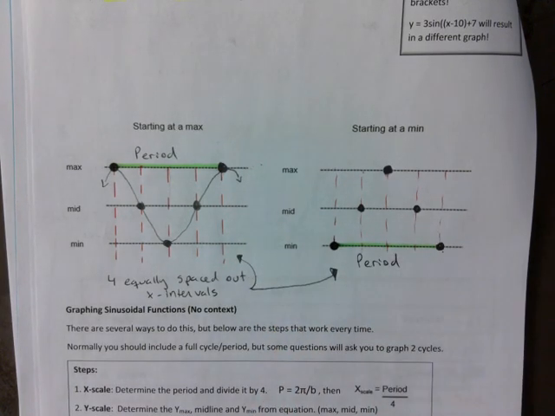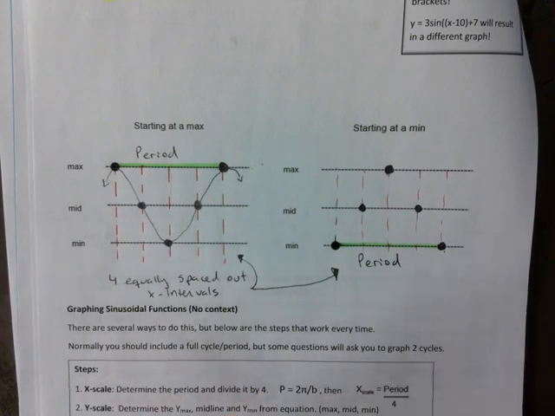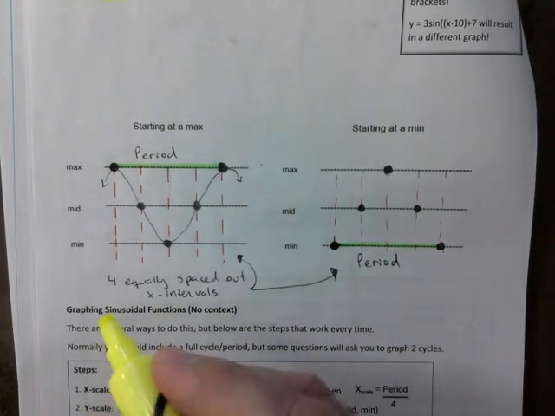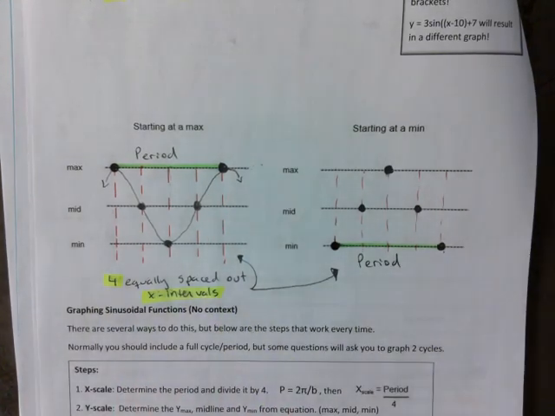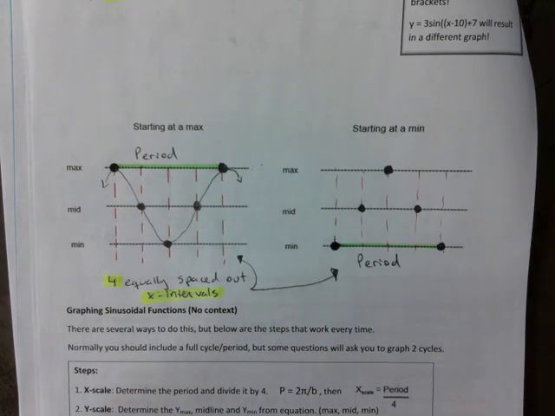Both of them are equally spaced out. How many spaces are there? 4. Keep that in mind. 4 x intervals. I want you to highlight that or underline, because that is going to be key later on. You're going to see that in just a little bit. That 4 is going to come back.